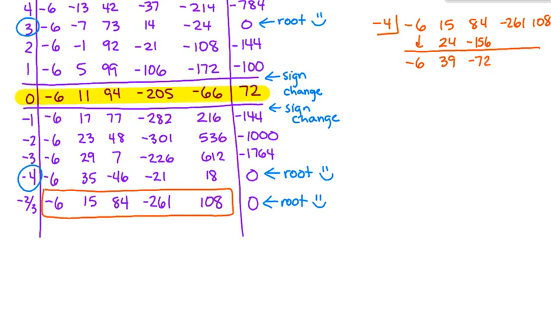Negative 72 times negative 4 is 288, add. 27 times negative 4 is negative 108, add 0. Okay, we were expecting a remainder of 0 because we knew negative 4 was a root. The goal of doing that was to find these numbers here. That would be the remaining cubic.